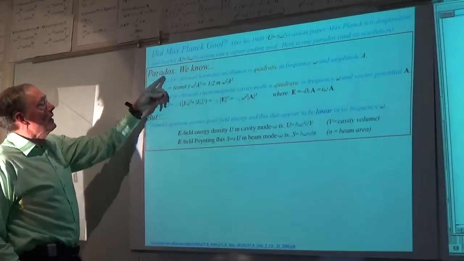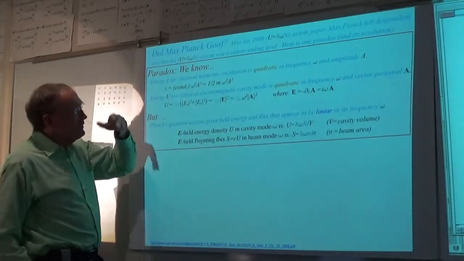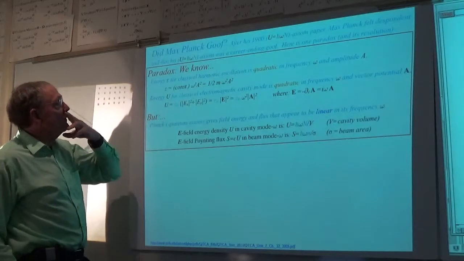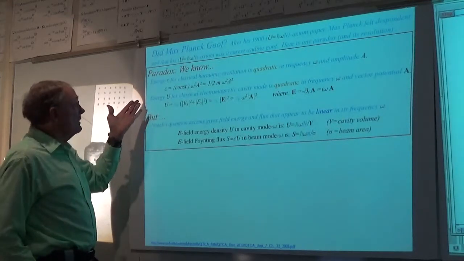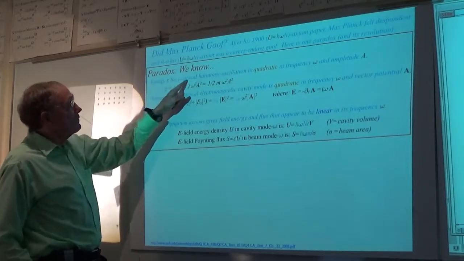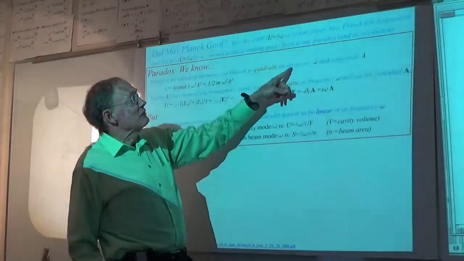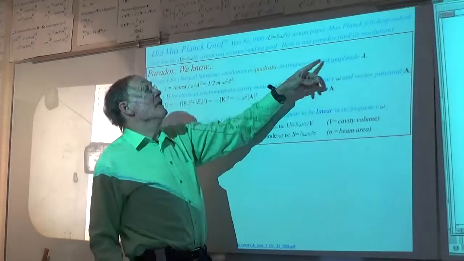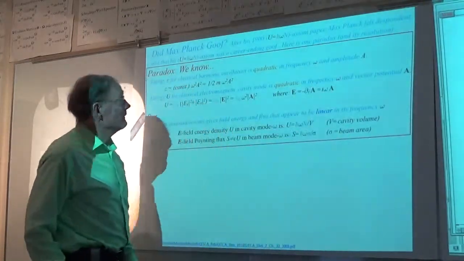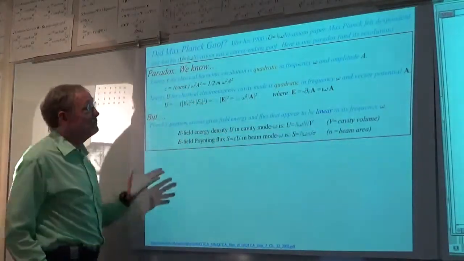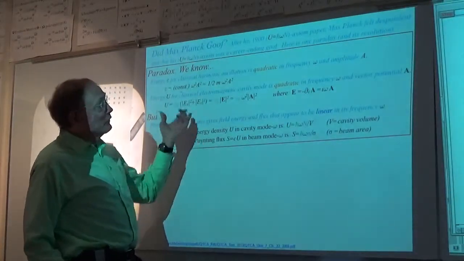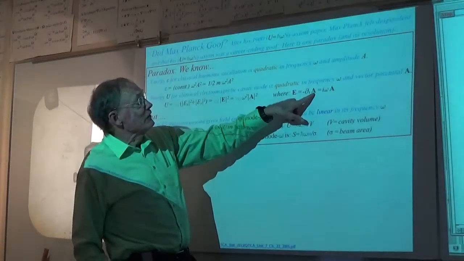But anyway, the paradox that I think he had some doubts about was, from his education, he knows that energy for a classical harmonic oscillation is quadratic in the frequency and amplitude as well. And amplitude here, we really mean the A that goes with the vector potential.